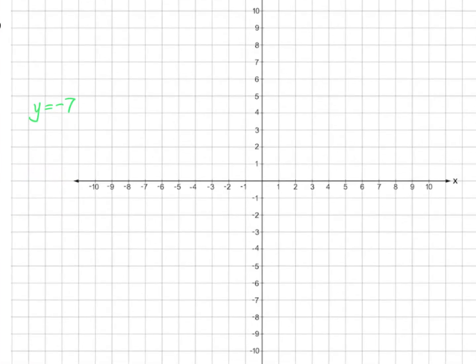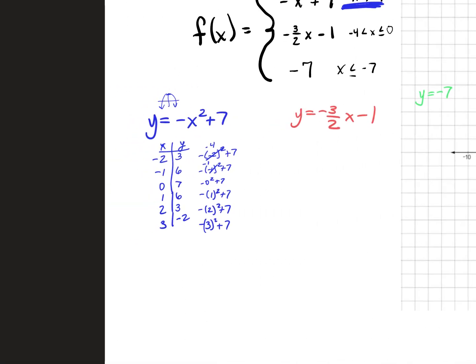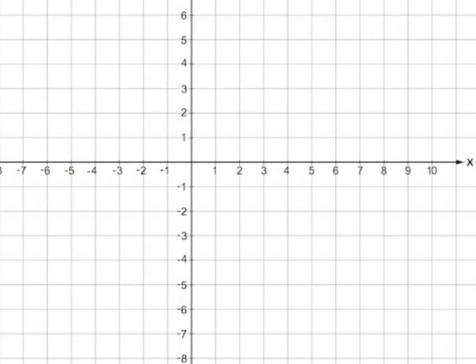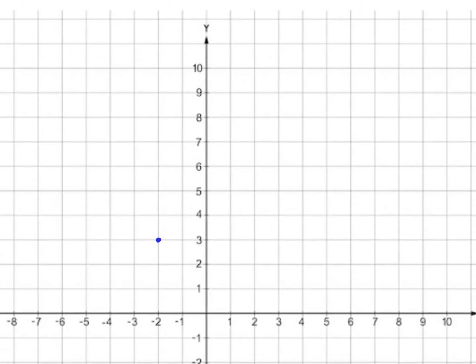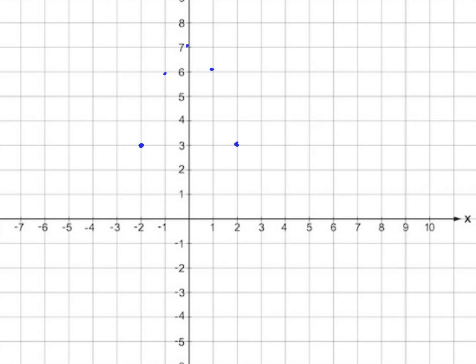So I had negative 2, what was it? Negative 2, 3. Can you guys just tell me? Thank you. Negative 1, 6, 0, 7, 1, 6, 2, 3, and then 3, negative 2, right?